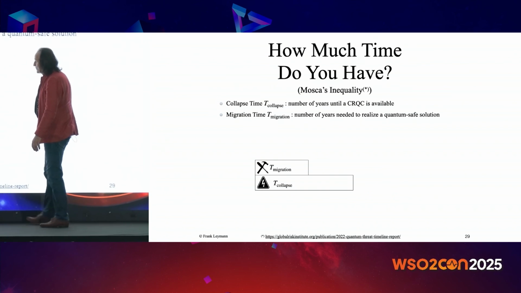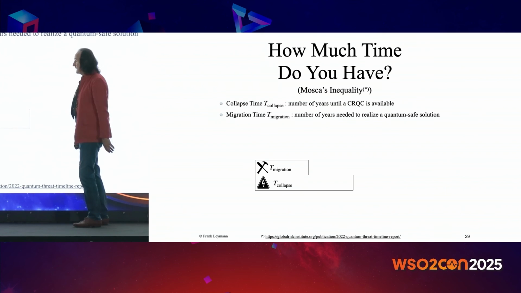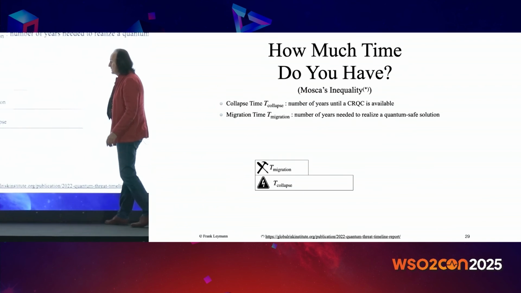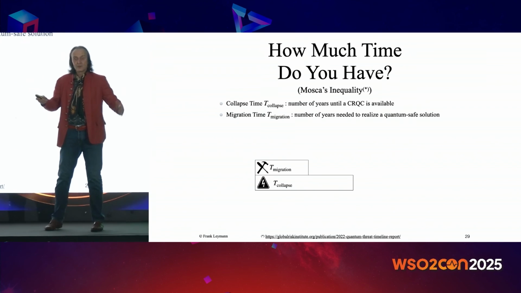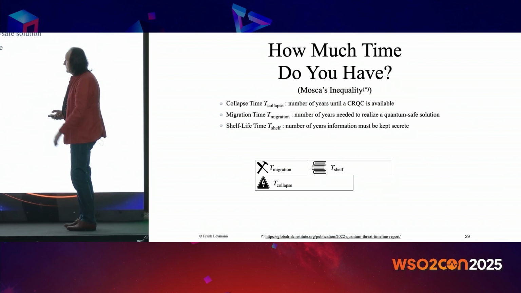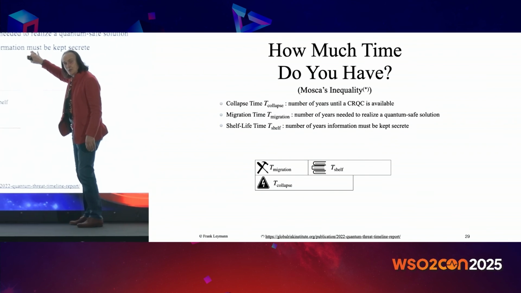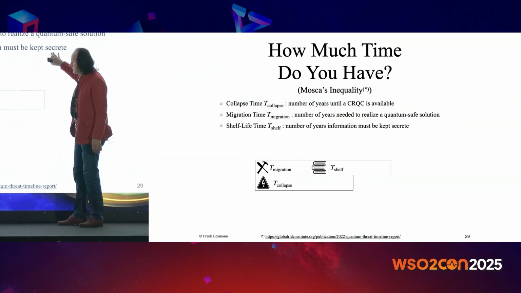Then, if you are convinced by my little talk that you must become active, you kick off a project, and you need T-migration, the number of years to migrate your infrastructure to become quantum safe. And then you have the shelf time. The shelf time is the number of years you must keep your data confidential, right? Secure.